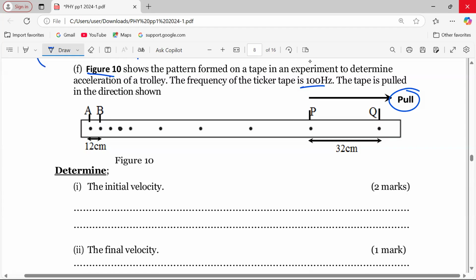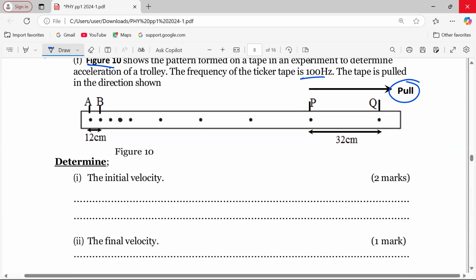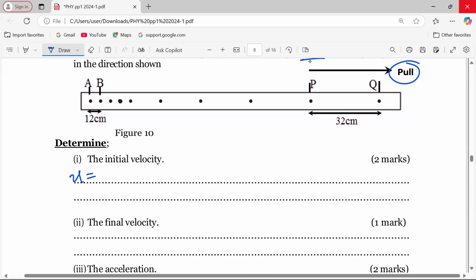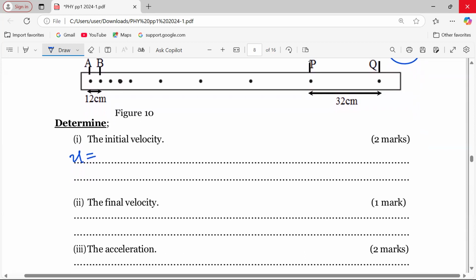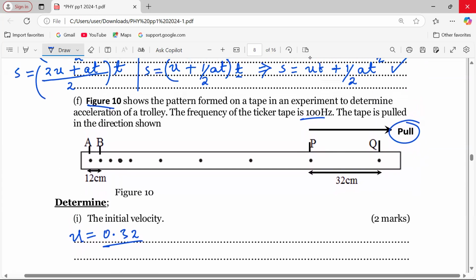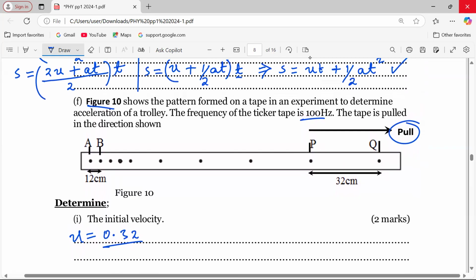Therefore, initial velocity, remember, velocity is generally given by distance over time. The distance here is 32. We can make it a unit: instead of 32, we start working with 0.32, then divided by the time. Now, the time, we call it periodic time, the time from one dot to the other.